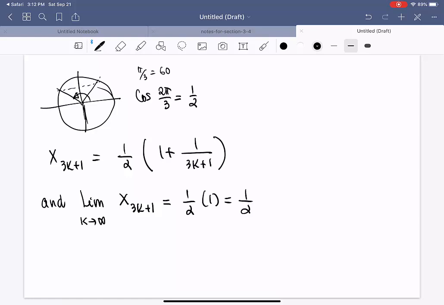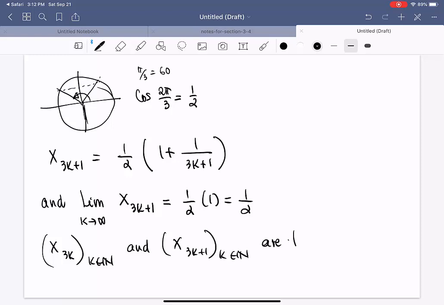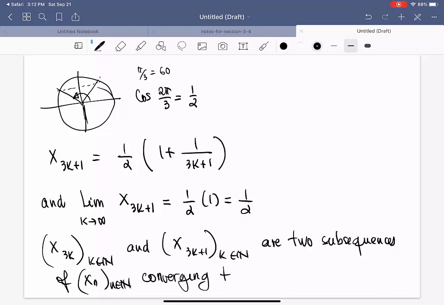And the point is that x 3k and x 3k plus 1 are two subsequences of xn converging to different limits.